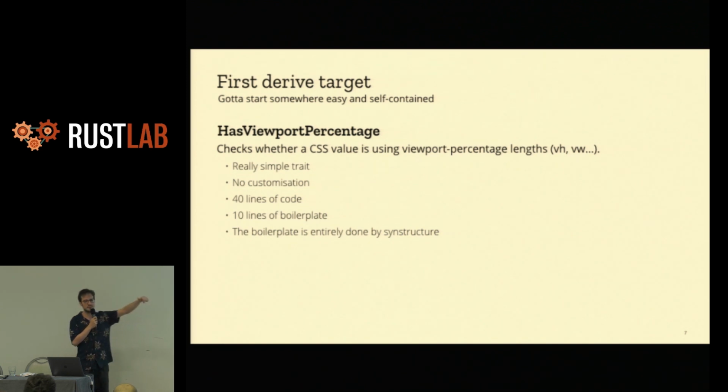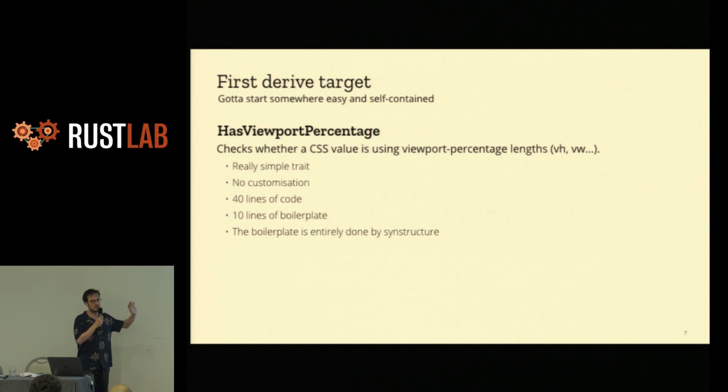It's just a single method that returns true or false about whether your value has a viewport percentage in it. And actually, it was so small and self-contained that the trait doesn't even exist anymore in the Servo code base. And I don't know what replaced it. So it's a really simple trait.